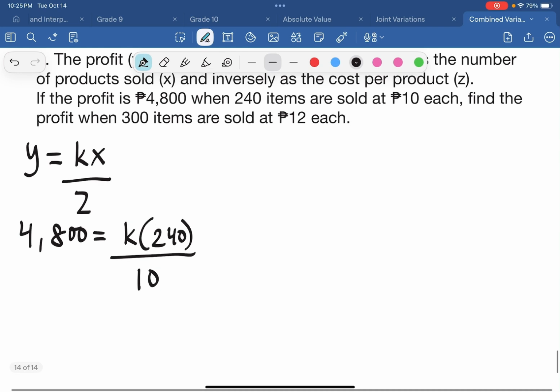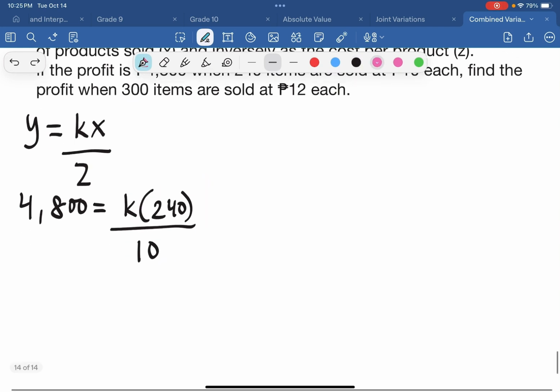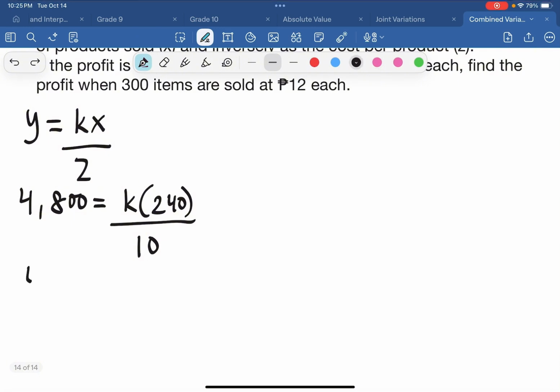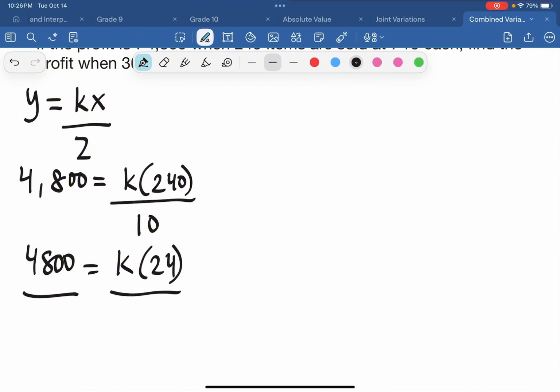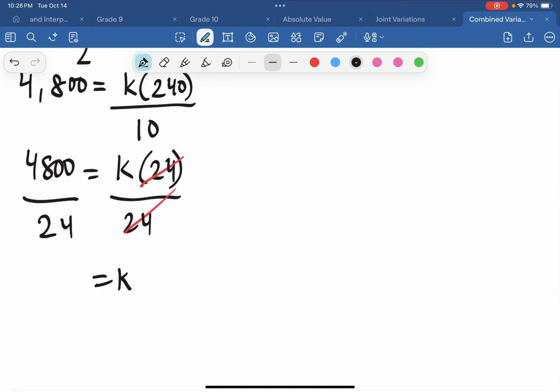Based on this, we could just divide this part right away. Now let's write 4,800 equals K times 240 divided by 10 is 24, and let's divide both sides by 24. You could cancel. So we are left with K, and 4,800 divided by 24 is 200. So this is our constant.